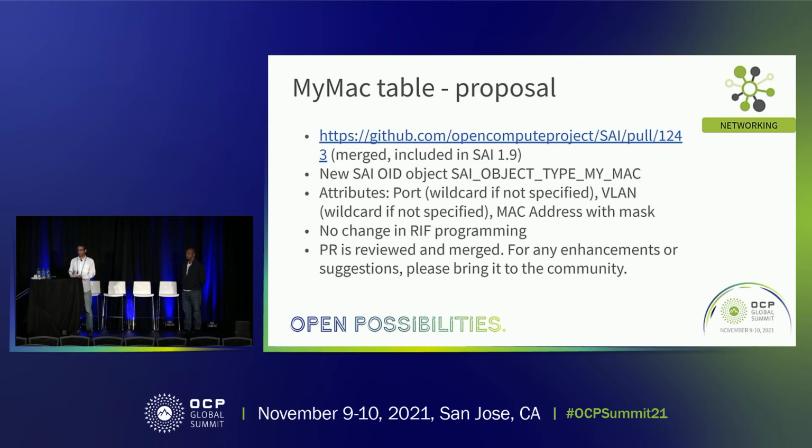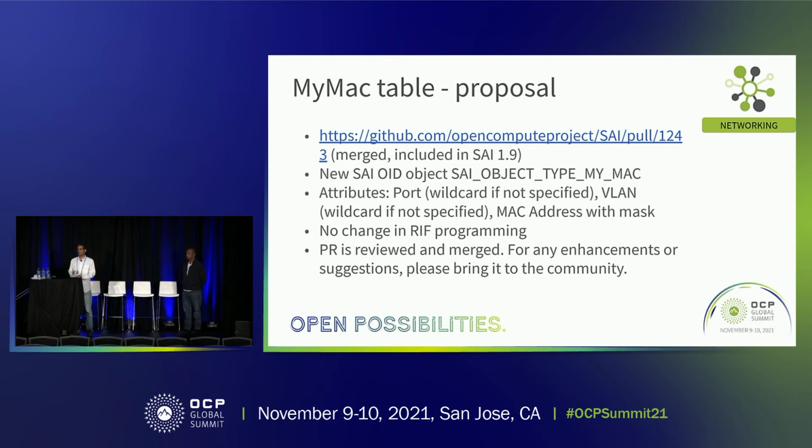To achieve this, we defined a new SAI object of the type MyMAC, and the attributes are some of the attributes which are used on the router interface's ingress processing, namely the port, the VLAN, and the MAC address, of course. We see this object as independent of RIF programming.